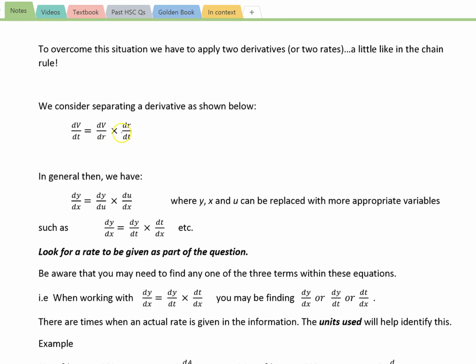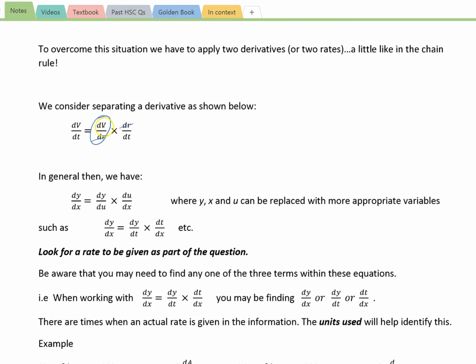And we would need to multiply by dr/dt, because what would that be allowing? This is mathematical fractions and we're multiplying. You can cancel out these terms, and of course dV/dt would equal dV/dt. This we can see we can do.